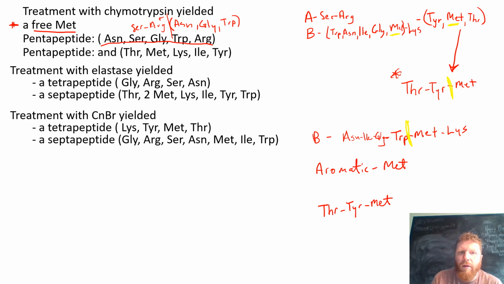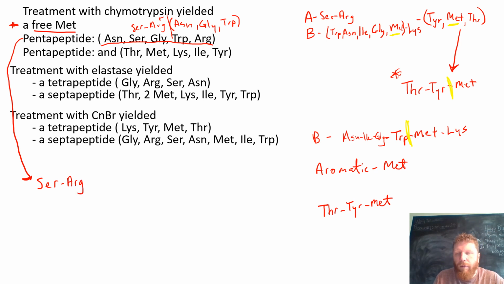Okay, now ASN, GLY, TRP. Chymotrypsin is going to cut our overall peptide to produce something that looks like this. When we overlay our trypsin data and our chymotrypsin data, this is what we get. When we look at our chymotrypsin data, what can we conclude? Chymotrypsin is going to cut after an aromatic residue. Is asparagine an aromatic residue? No. Is glycine an aromatic residue? No, it's not. Tryptophan is, however. So this pentapeptide, we know from our trypsin data, first of all, it is SER ARG.